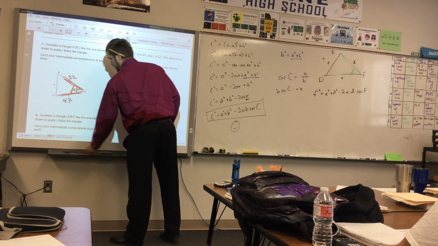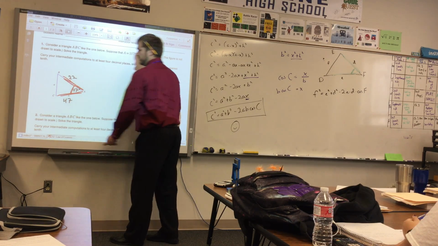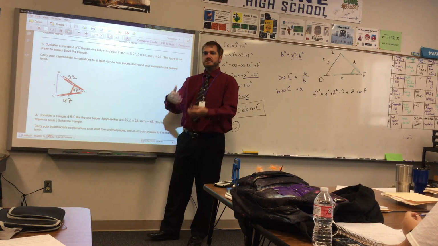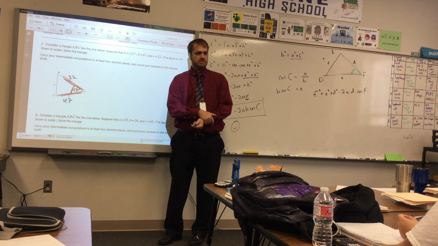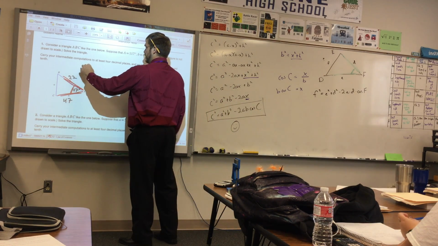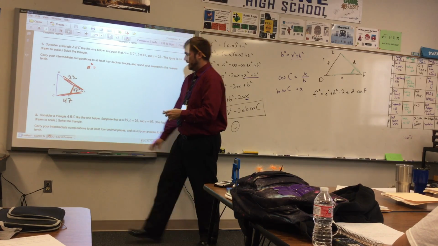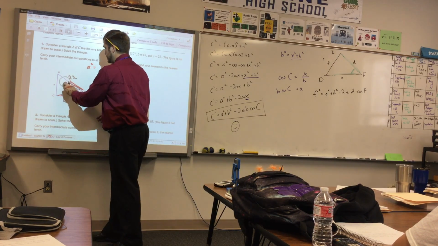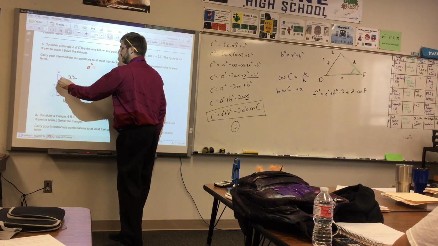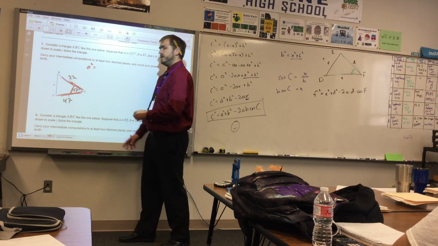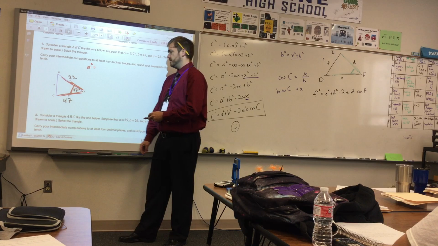Okay. So looking at this one, what is the side that I don't know, class? A. So I'm going to write A squared equals, now someone other than Hannah. Say it to me in terms of A's, B's, and C's, because I want to make sure we all get the formula down correctly. So A squared equals, anybody?